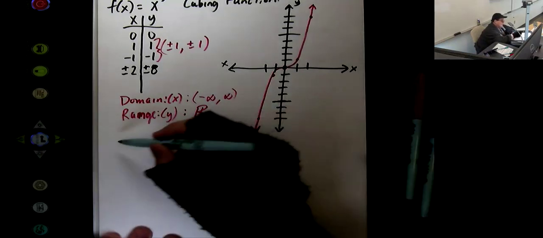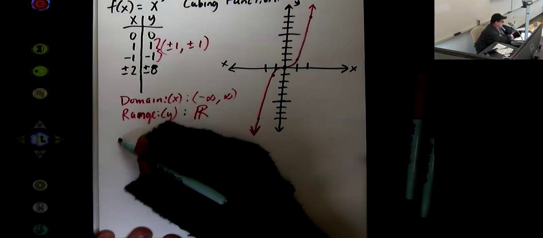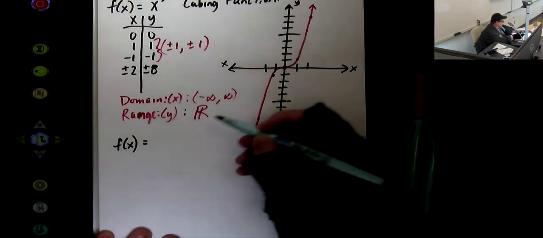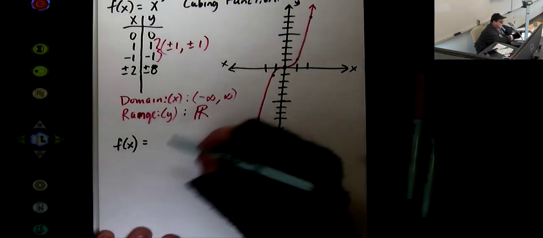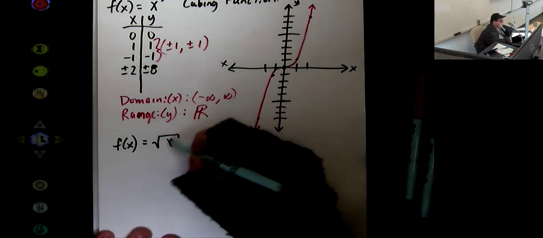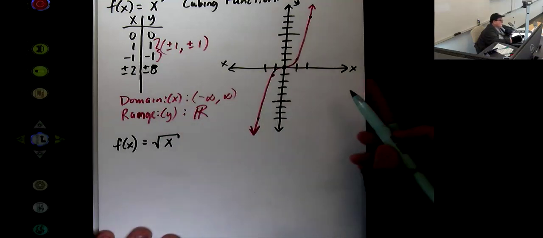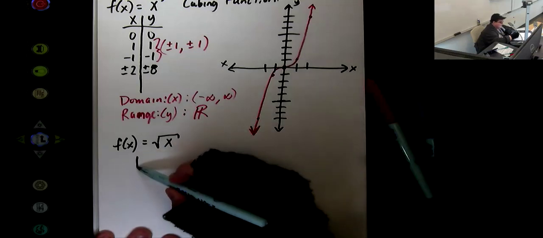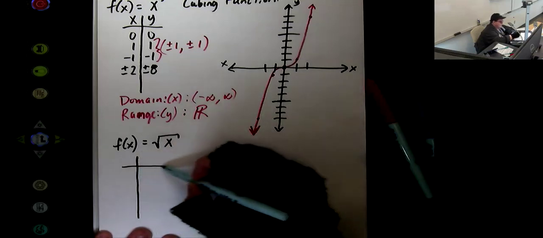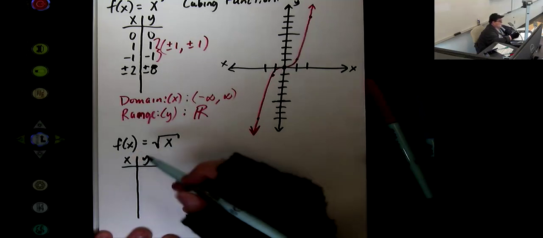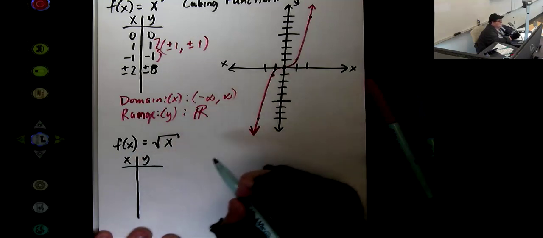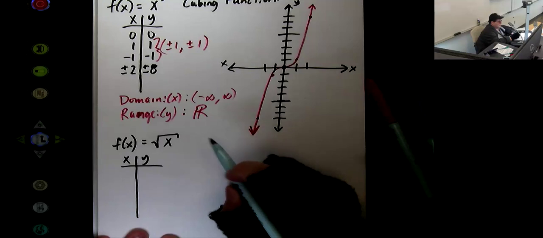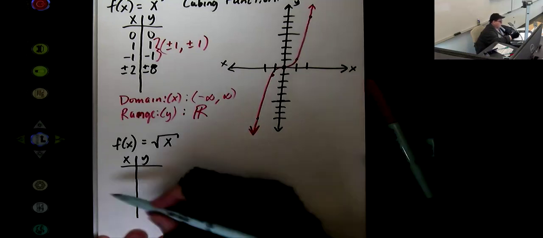Alright, next graph. Let's do square root of x. Now, you could be a psychopath and stick in 0, 1, and 2. But I don't know the square root of 2, square root of 3 very well.